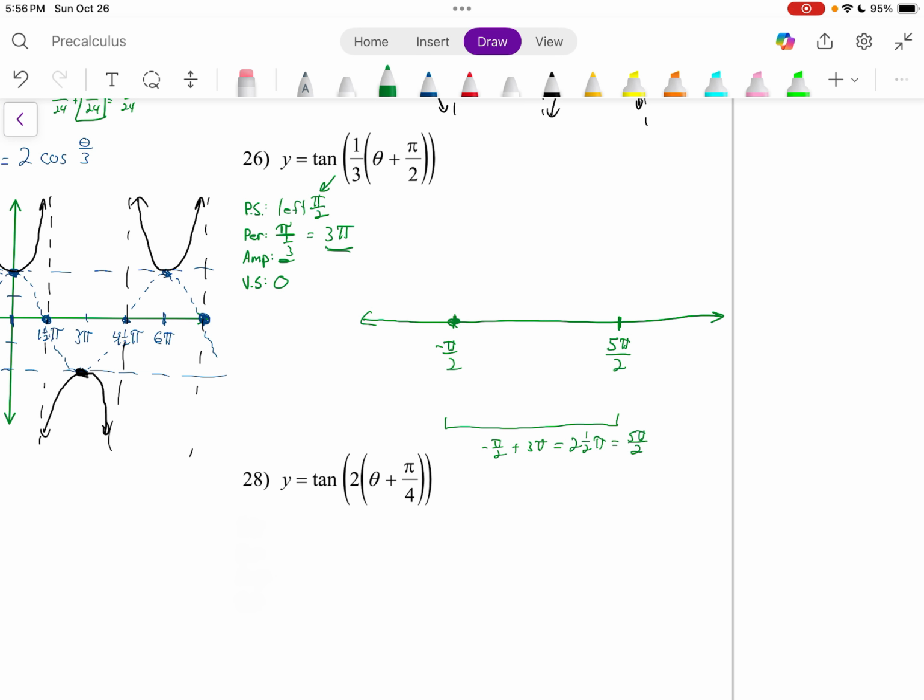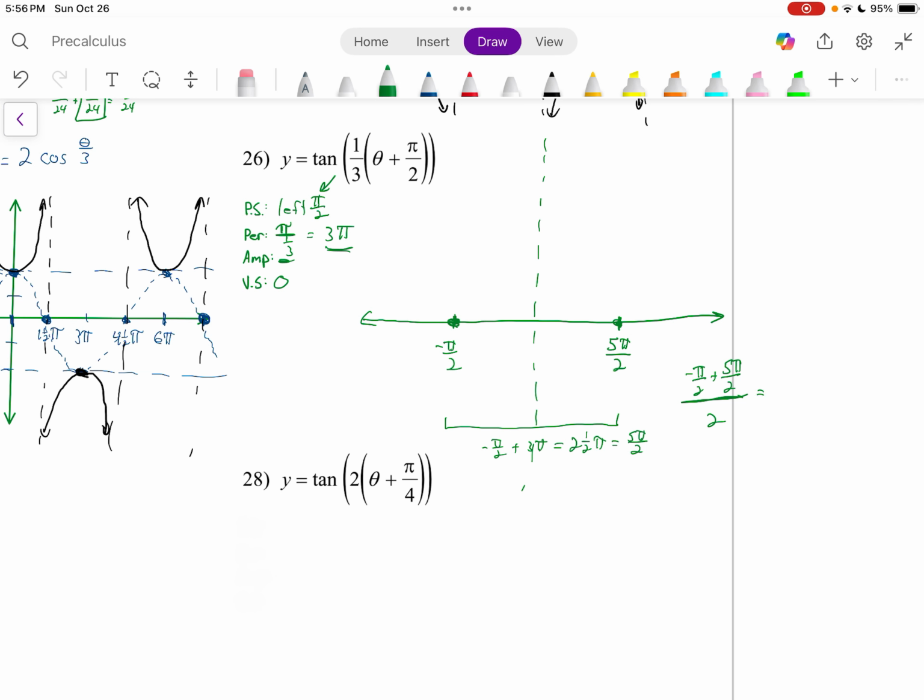This is tangent, so those are both going to be zeros, and then halfway between there is going to be a vertical asymptote. So let's find the middle of that. To find the middle, you take those 2 points, add them together, and divide by 2.